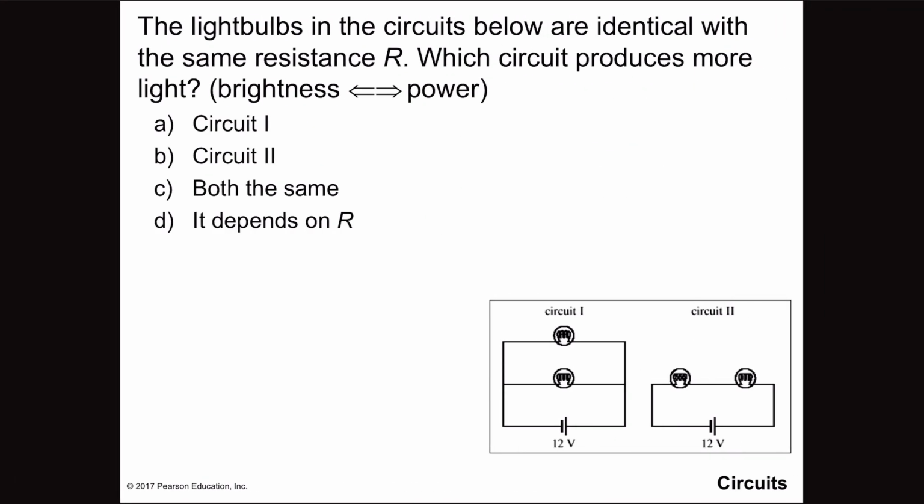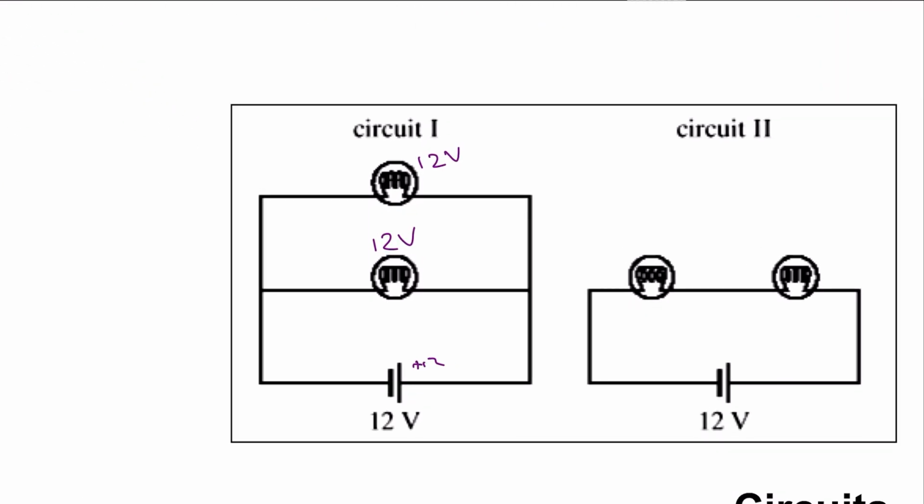The light bulbs in the circuits below are identical with the same resistance R. Which circuit produces more light? So if we think about this, this is 12 volts, and anything in parallel is going to have a 12 volt drop across it, and this is going to have a 12 volt drop across it. They're both going to have it because this is our plus 12. Let me zoom in, might make it a little easier.